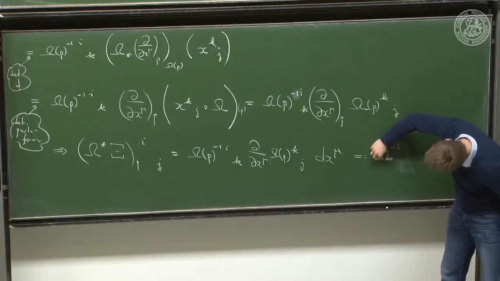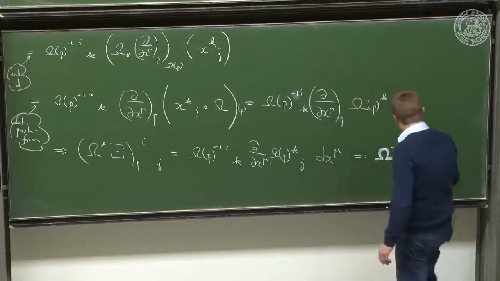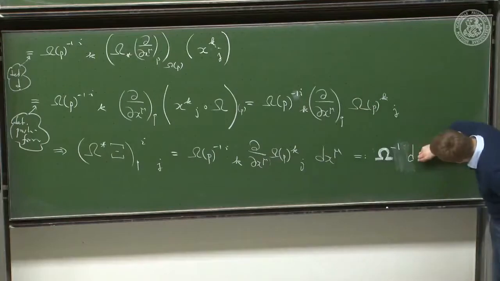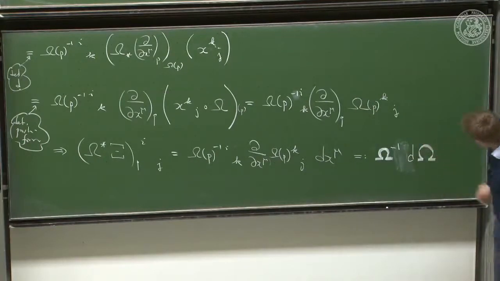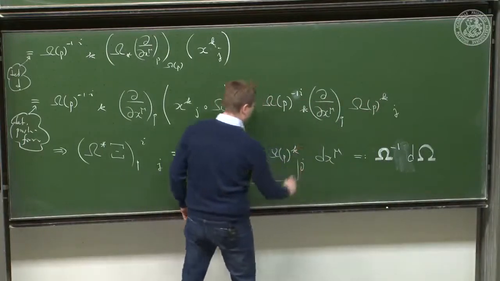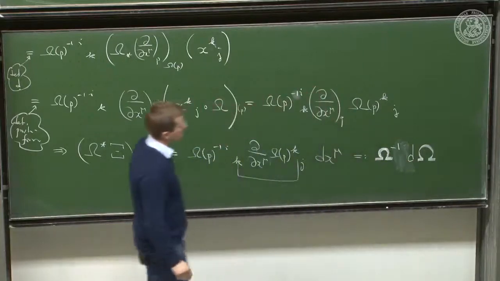It's not the components of the matrix, it's the matrix. And this guy here we write as d of the same omega. Because they're matrices, between them there is a matrix multiplication, and this guy you just write as the d of this omega. Okay?